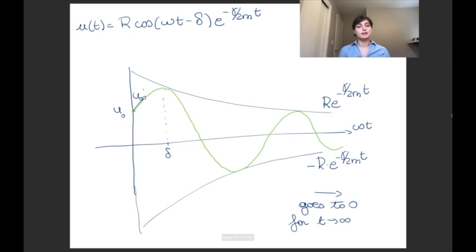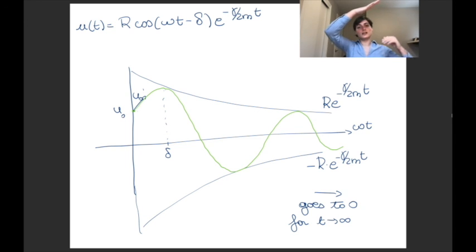We can rewrite it as we did before. We rewrite the sine and cosine part as amplitude times cosine of frequency times t minus delta. All of this times the exponential of minus gamma divided by 2m multiplied by t.